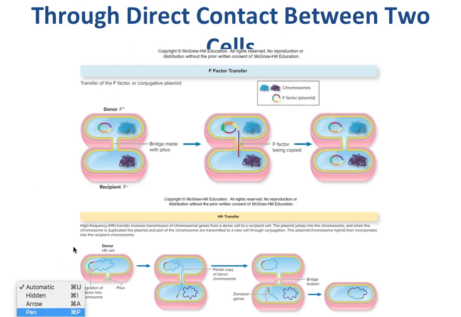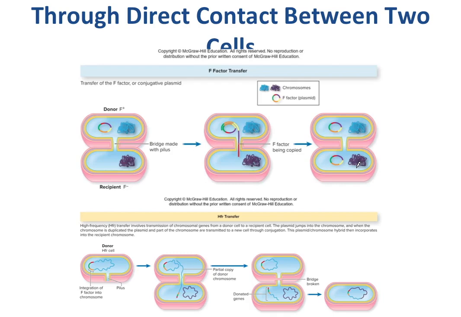Okay, they also use pili to connect the two cells together, to make tunnels between the two cells. So the plasmid can be replicated to make a copy of the plasmid. One copy can be transferred to the recipient cell, to let the recipient cell have certain traits or features.